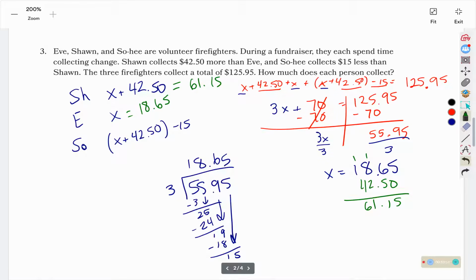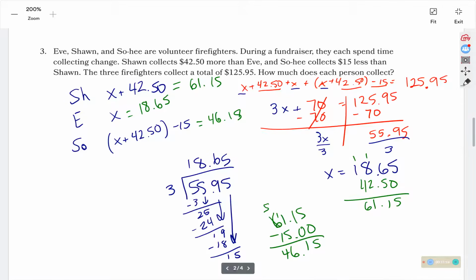And then to get Sohi's, we need to subtract $15 from that. 11 minus 5 is 6. 5 minus 1 is 4. So Sean collects 61.15. Eve collects 18.65. And so he collects 46.18.